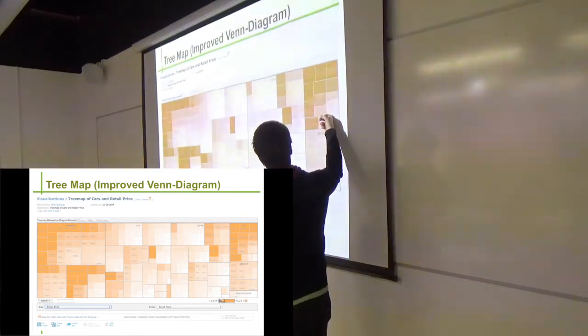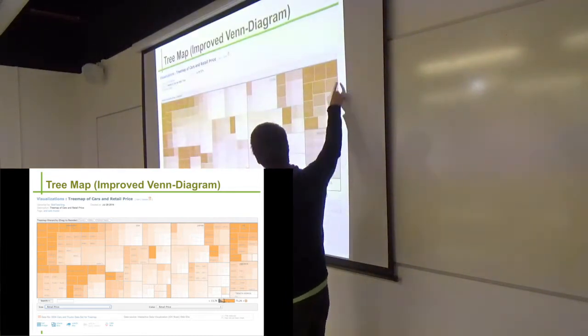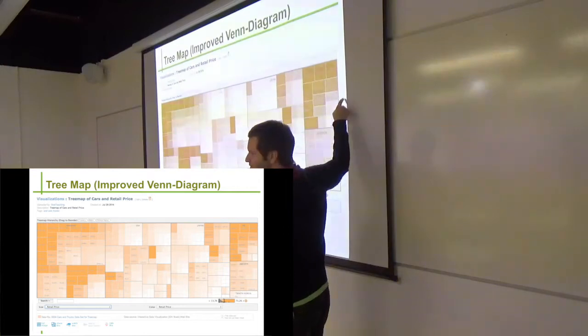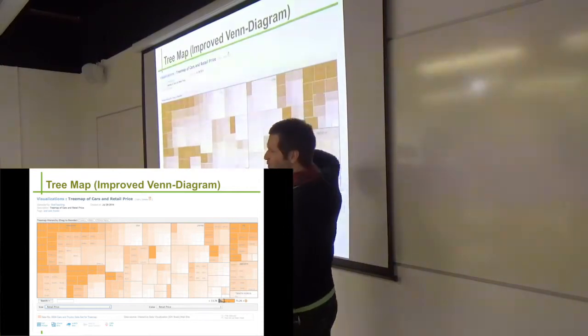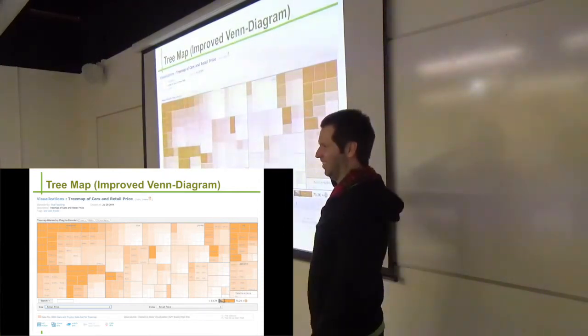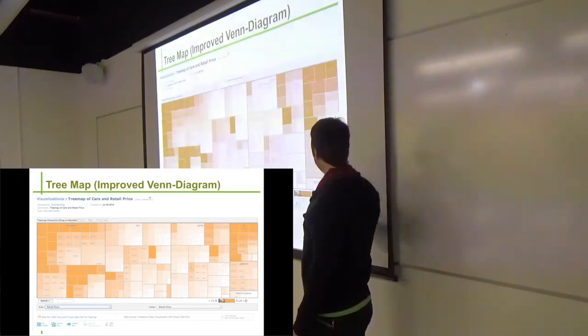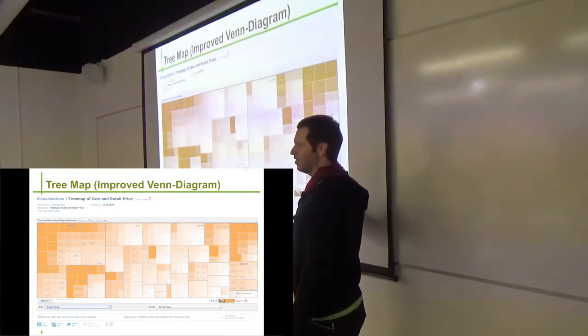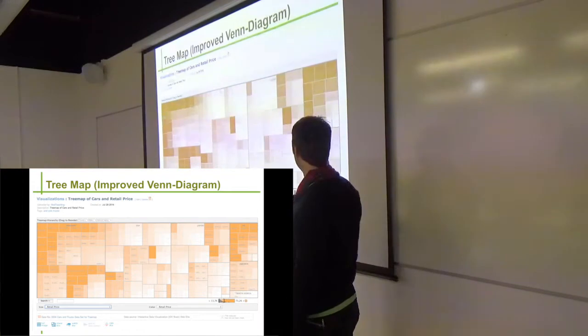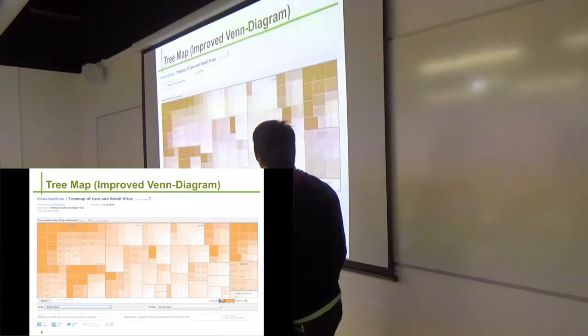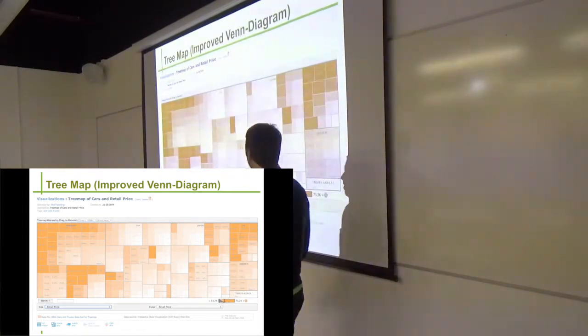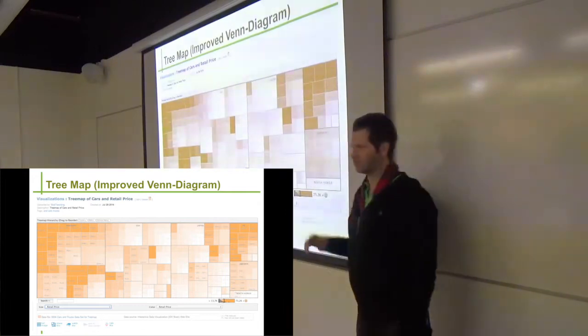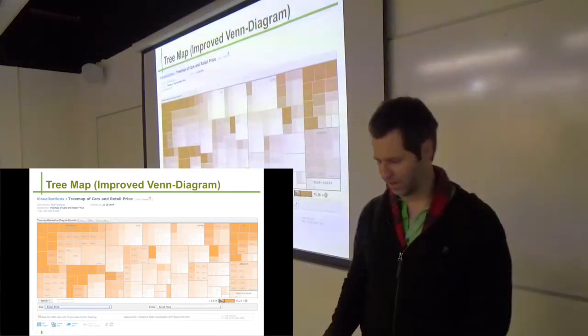Oh, this is the UK. I overlooked this. The UK has a very expensive set of cars too. That's not too surprising. South Korea has the ones that are the least expensive, the very least on average. And so those are some of the things that you can see right away from this tree map very, very quickly.